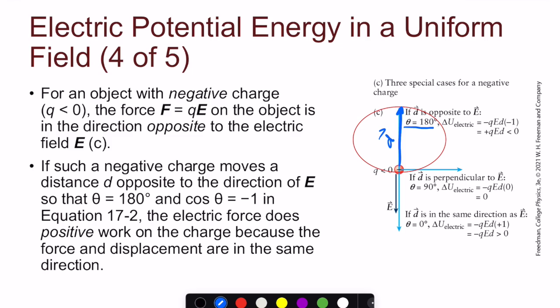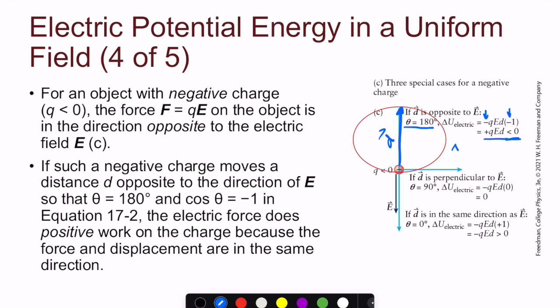The negative sign that is part of the definition is going to cancel out the negative sign from cosine of 180, leaving us with plus QED. But this value is going to be less than 0 because charge is inherently negative. That negative sign is built into Q right now. That's why this statement is the way it is.